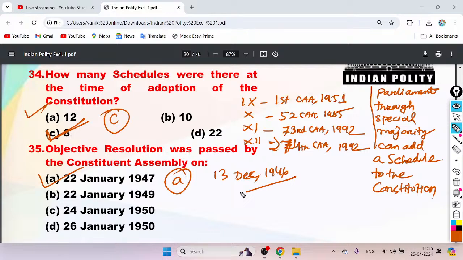The philosophies of the constitution were mentioned in this objective resolution drafted by Jawaharlal Nehru. The text of objective resolution is now included in the preamble. So it will be A.